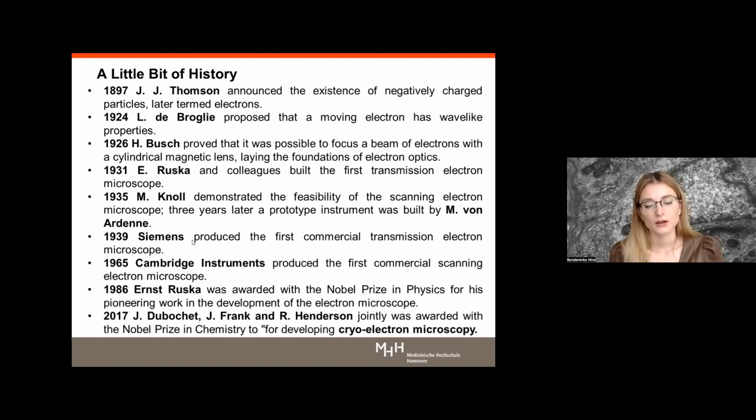Later, in 1986, Ernst Ruska was awarded the Nobel Prize in Physics for his pioneering work in the development of the electron microscope. And later, not so far from today, in 2017, a group of researchers were also awarded the Nobel Prize in Chemistry for developing cryo-electron microscopy.